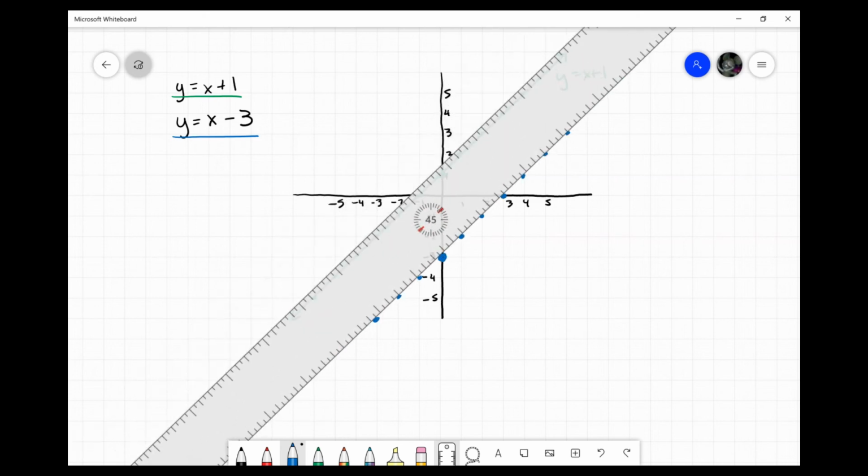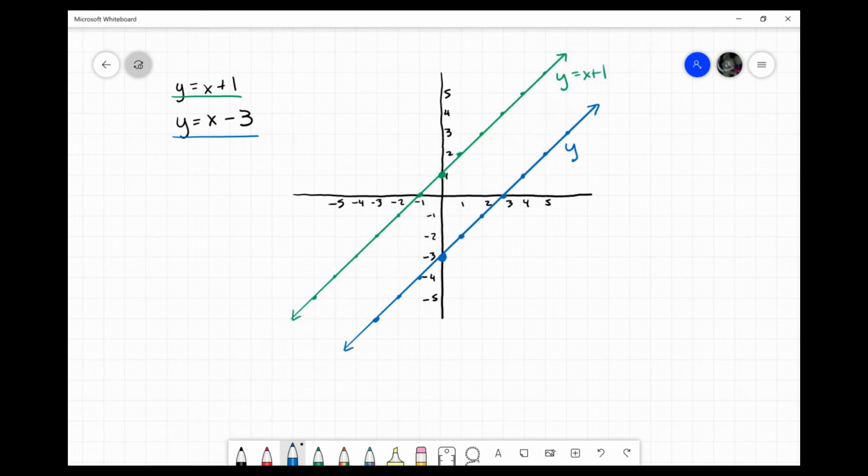So when I have at least 2 points, I'm able to connect and form a line. And so that is the graph of y is equal to x minus 3. Now we need to find where do these two lines meet, where do they intersect? But it's looking to me like they're never going to. What we would actually say is there is no solution.